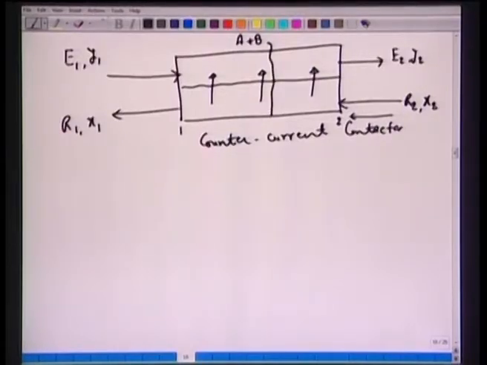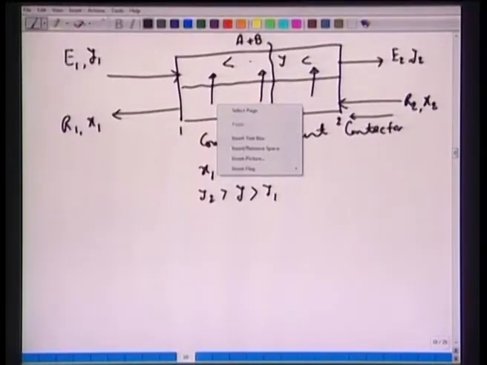If you take any intermediate section where the mole fraction here is small x and here it is y, then we have X2 greater than x and greater than X1, and here Y2 will become greater than y greater than Y1, as we have enrichment of this stream with A. So Y2 will be greater than y greater than Y1, like this. Here we have X2 greater than X1, excuse me.